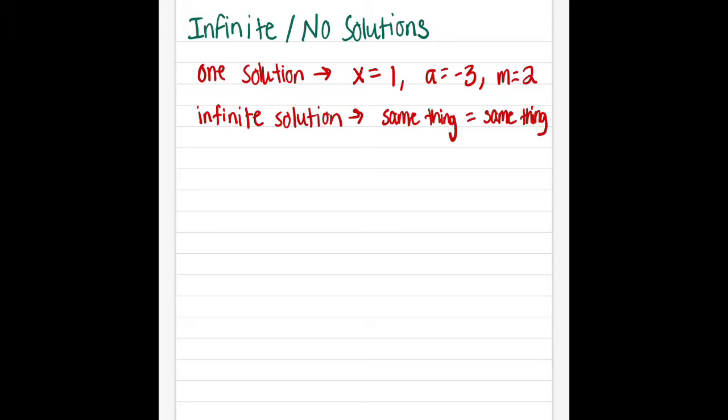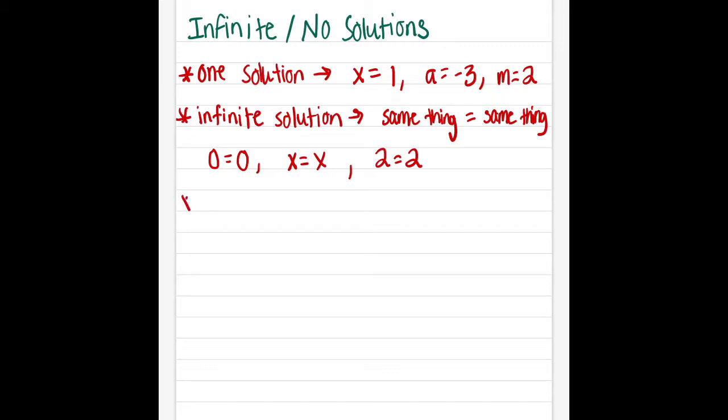For example, you could get an answer like on Friday's video where we get 0 equals 0. Or we could get x equals x, or we could get 2 equals 2. Everything equals each other when you get the answer. So one solution is when you have a variable equals a number. Infinite solution is when you have the same thing equals the same thing.